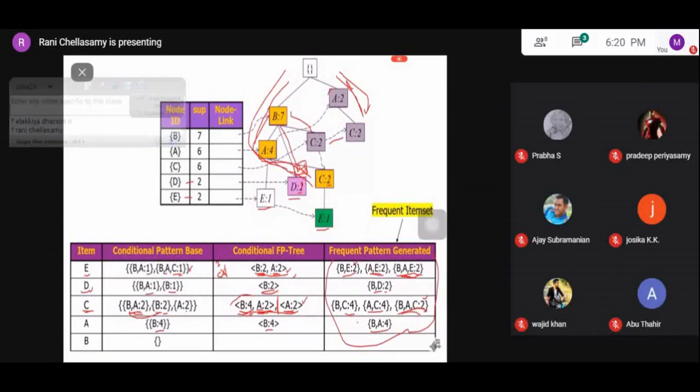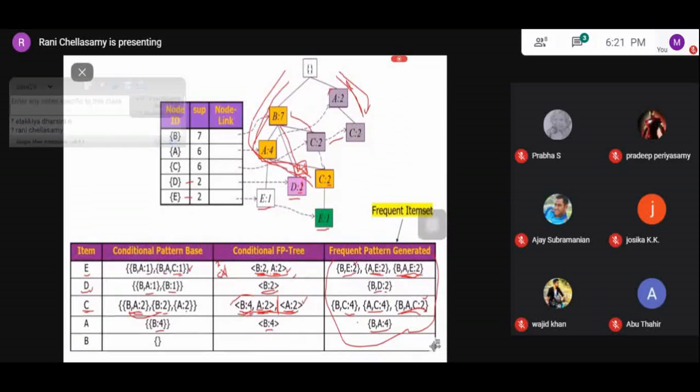So, with this, find the conditional FP tree. So, see here B is 2 and here also B 2. So, in total we are having B as 4. And A here 2 and here is also 2. You should not combine this. The reason is the left subtree is having A 2, and the right subtree also has A 2.